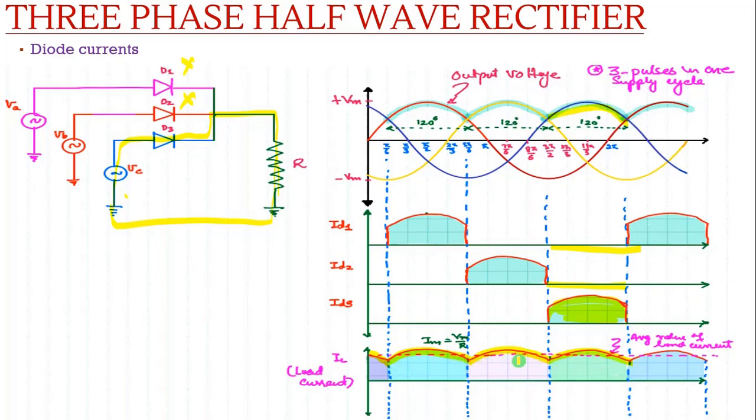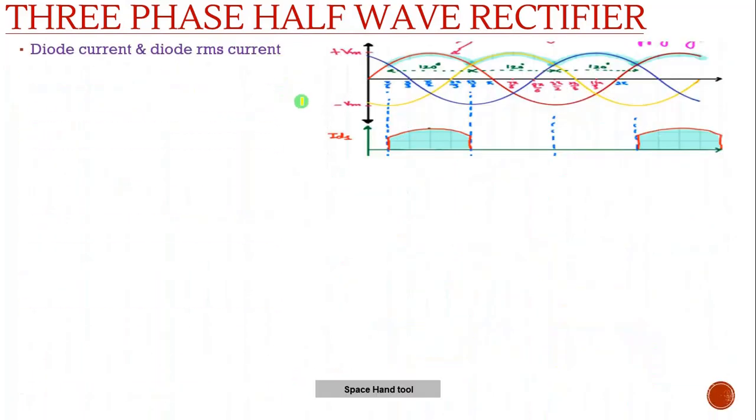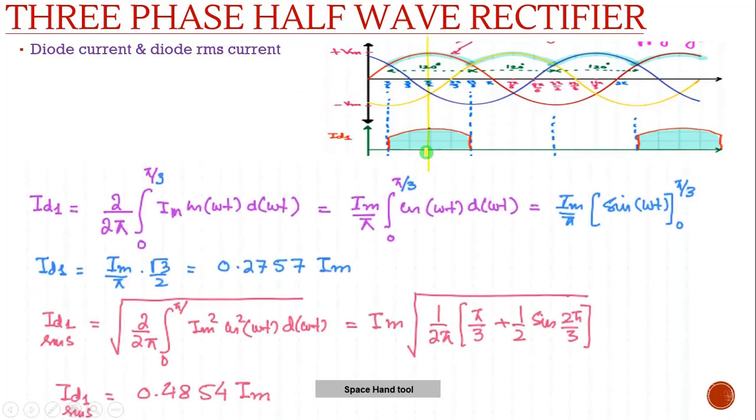Now calculating the diode current and RMS current. If I take this as the reference point and take this area, ID1 will be from 0 to pi by 3, since this is 120 degree and this is 120 degree, so this will be 60 degree.